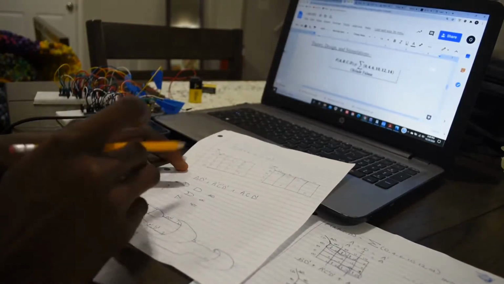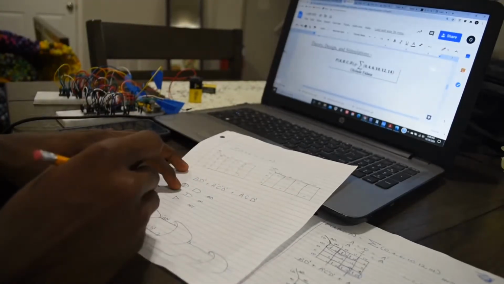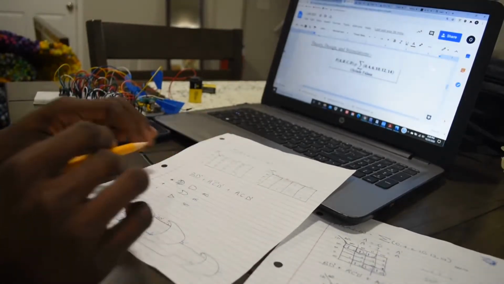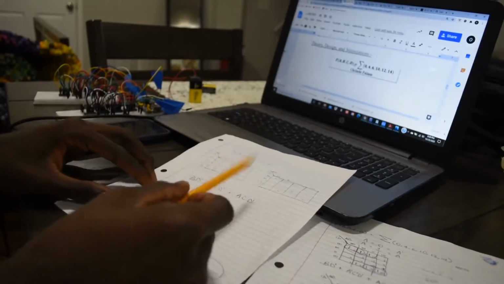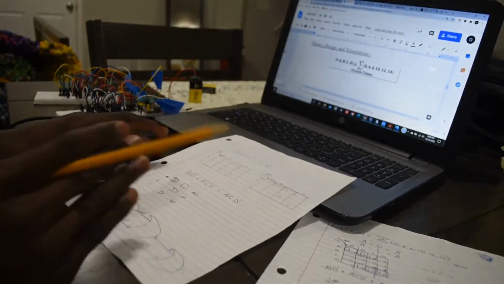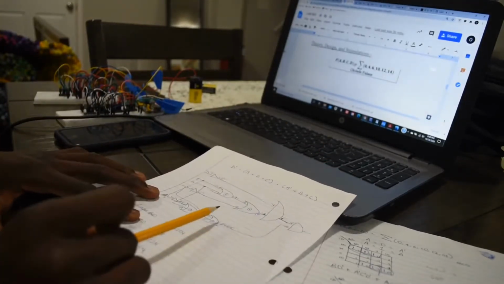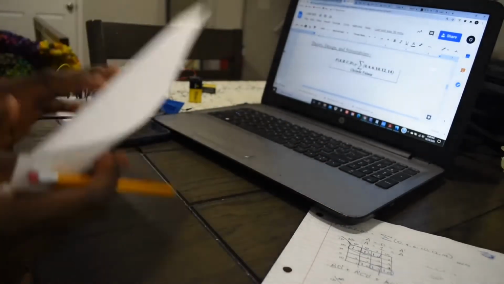When you are adding, you have an OR gate, and when you see a prime, you have a NOT gate. Using that, I was able to sketch out my circuits for the minterm and also for the maxterm.